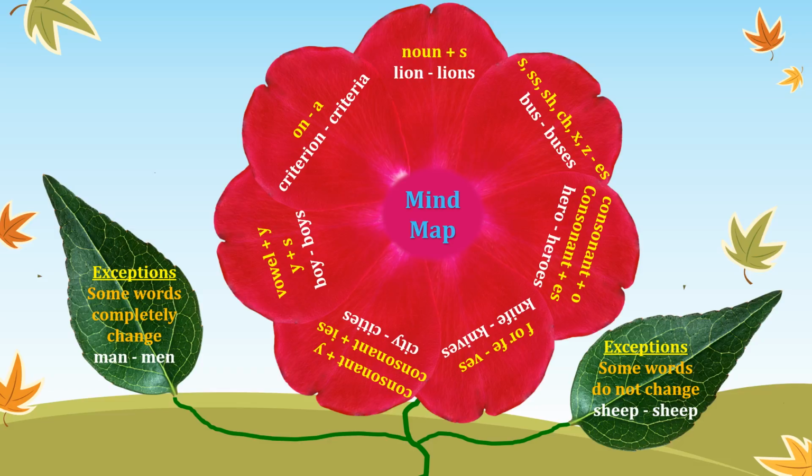Some words do not change at all. They are very rigid. They remain the same in singular form and plural form. For example, this noun sheep will be sheep in singular form and the same in plural form. It remains as sheep only. So I hope you all have been able to revise these rules well now.